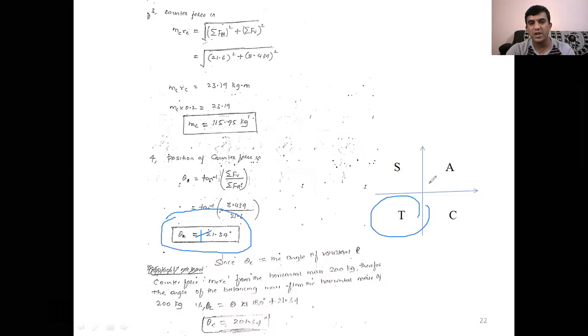For the third quadrant, 180 plus 21.34, you just add here. Finally, theta is equal to 201.34 degrees. This is the analytical method. Try to solve this by the analytical method.